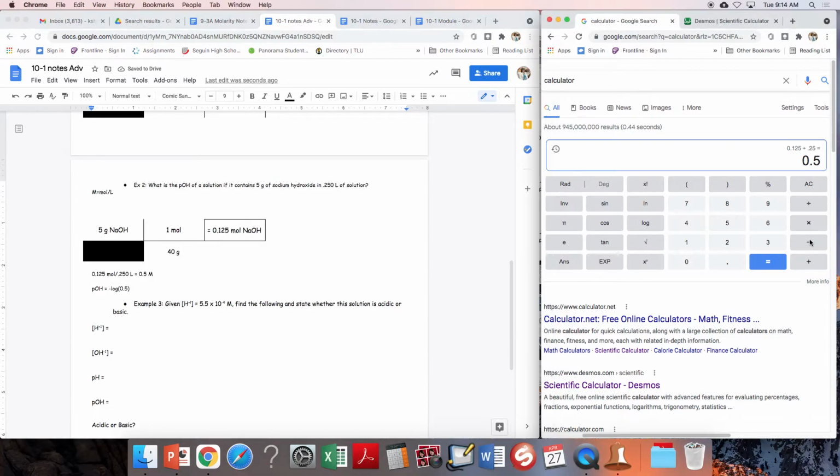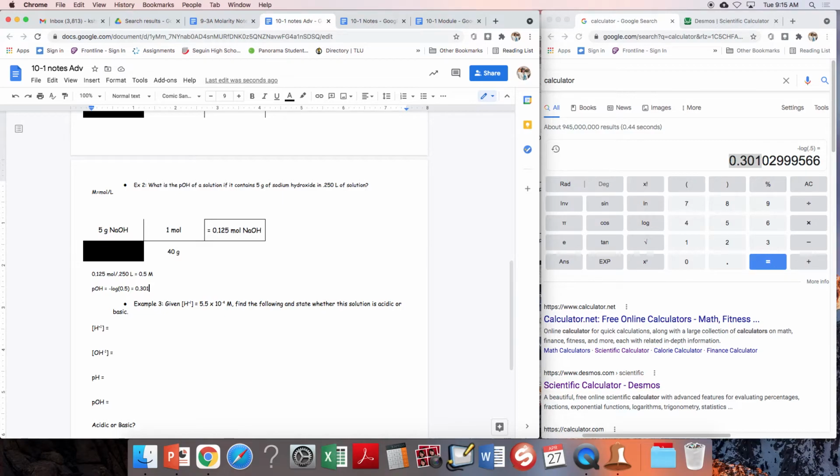So I'm just going to take the negative log of 0.5, close parentheses, equals. So that's my pOH. So my pOH of this solution is going to be 0.301.